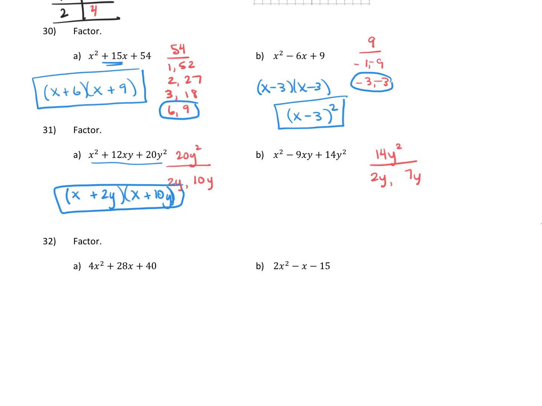So we can make each factor pair negative. The negative times the negative is still a positive 14. And now the two negatives add up to this negative 9. So we did need those two factor pairs to be negative. So our binomial factors are going to be x minus 2y times x minus 7y.